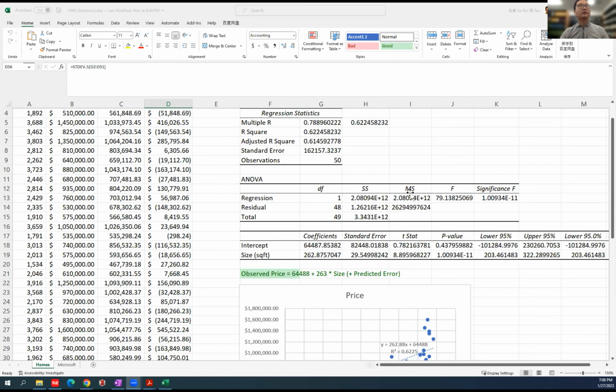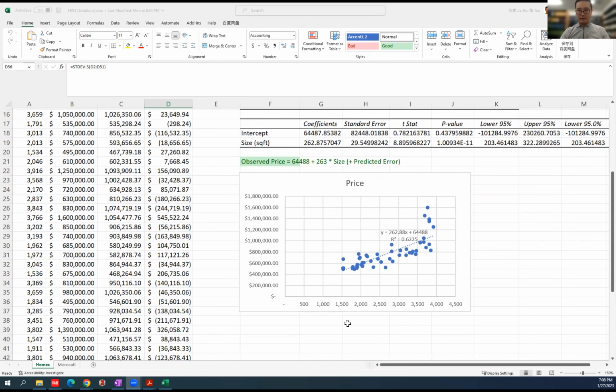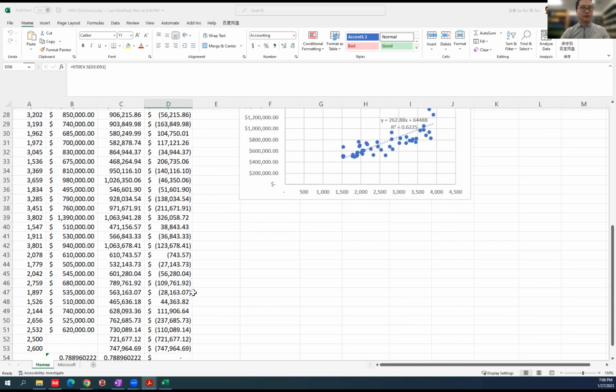Let's start with a simple example. In problem 1, we are trying to predict house price based on square footage from 50 homes. This 50 home is a sample we sampled in Orange County.